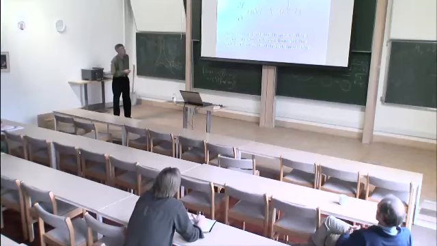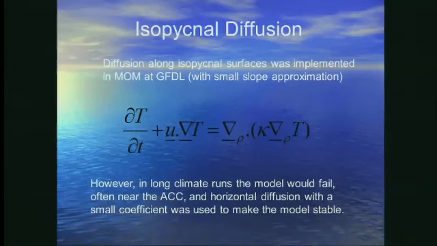So GFDL tried to put in, instead of horizontal diffusion here, they tried to replace the eddy parameterization with diffusion along isopycnal surfaces. This was in the Modular Ocean Model at the Geophysical Fluid Dynamics Lab. This is just a technical thing, don't worry about that. So they tried running with this equation.